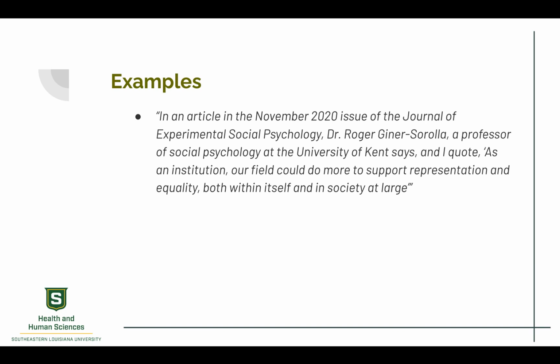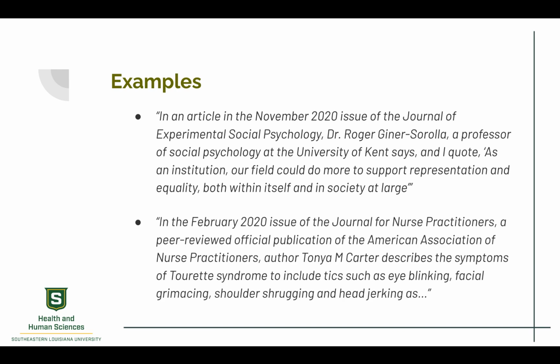Now, in your oral citation, you may not want to include those extra details about the author, but you want to have the publication date, the name of the journal, the name of the author, and the title of the paper. Those are the pieces of information you want in your citation. The second citation also has the publication date and name of the journal, and in this case it included both the name of the association and the name of the author.